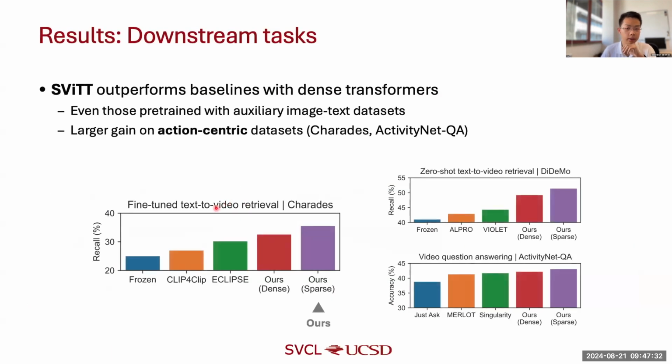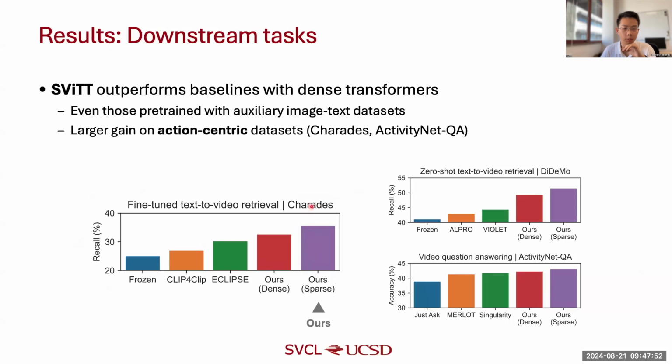We also compared the downstream performance of SViT to state-of-the-art video language models, most of which used auxiliary image-text datasets for pre-training. We can see that our SViT model outperforms these strong baselines while using video-text training alone.